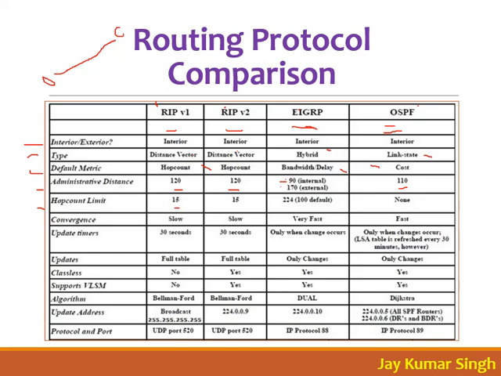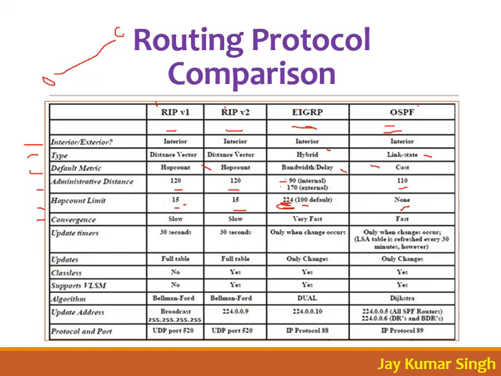So a maximum of 15 hops is allowed in RIP. In EIGRP, the default is 100 and the maximum is 255. 224 was in the old IOS, but in the new IOS 15.4 you can find 255 hops. In OSPF it's unlimited.